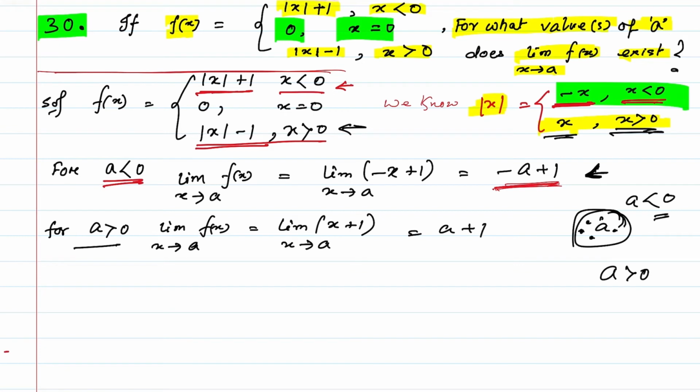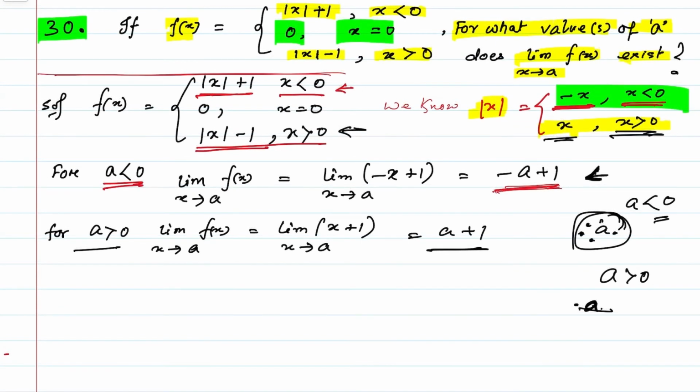When a is greater than 0, if you take any value in the neighborhood of the number a, then the value of this function is not going to change, it remains the same. So this limit does exist for all a greater than 0.